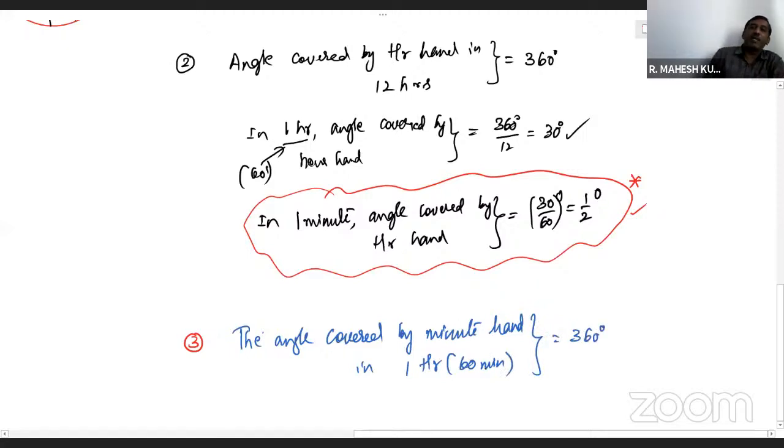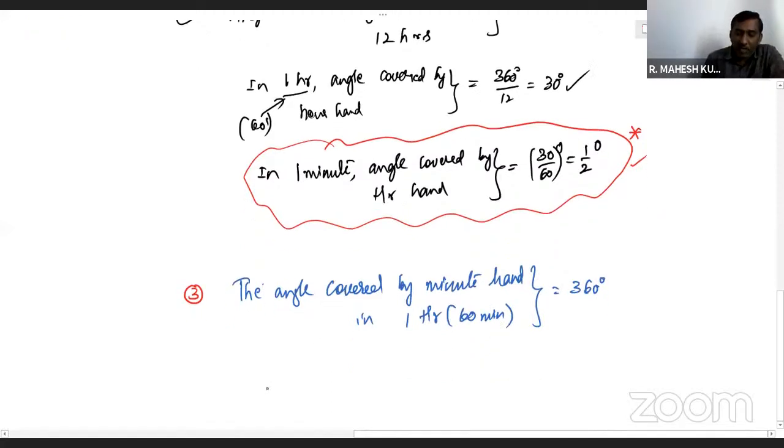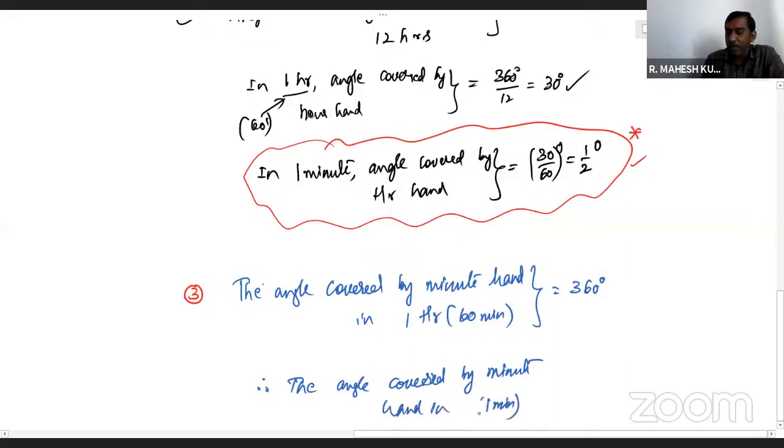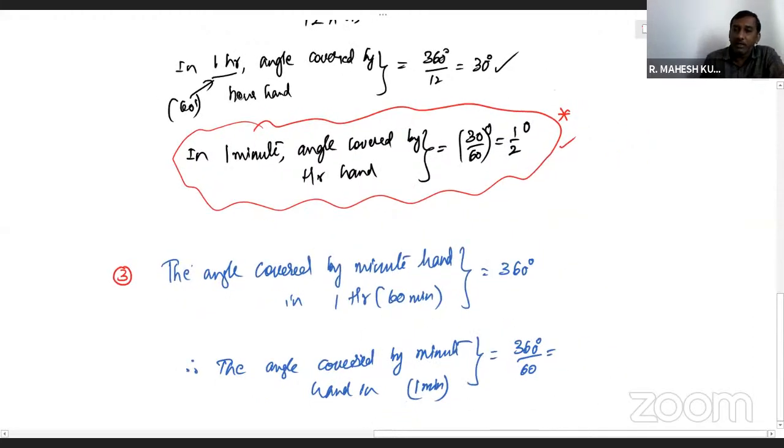One full circle is completed. Therefore, I can write the angle covered by the minute hand in 1 minute is going to be 360 degrees divided by 60. What does it come to? So it covers 6 degrees in 1 minute.